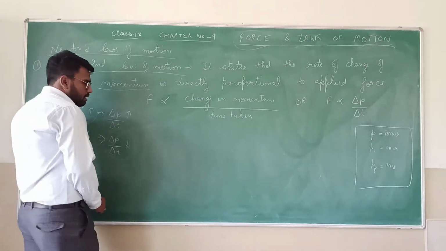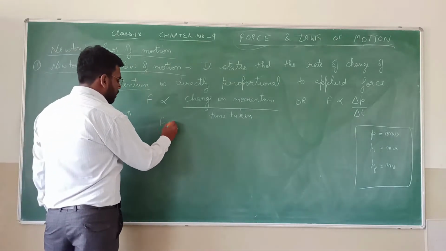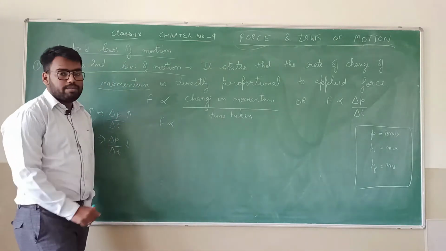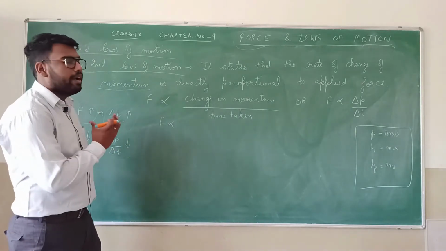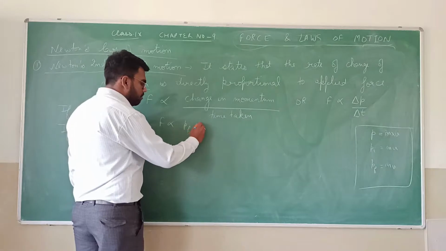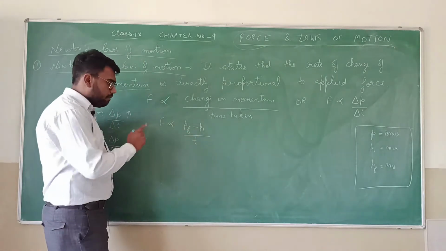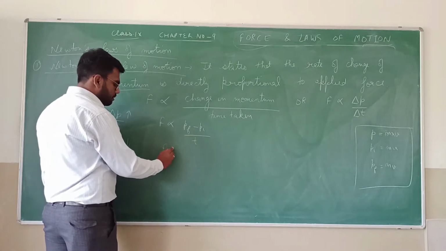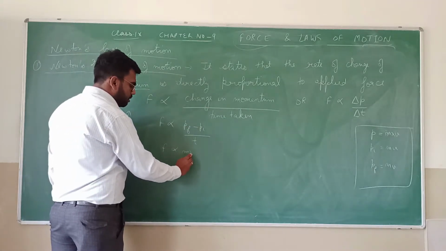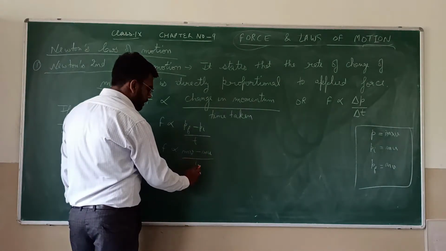Let us find the mathematical formula from this. What do you mean by change? Change means final value minus initial value. So final momentum minus initial momentum divided by time. What was the value of final momentum? mv minus mu divided by t.